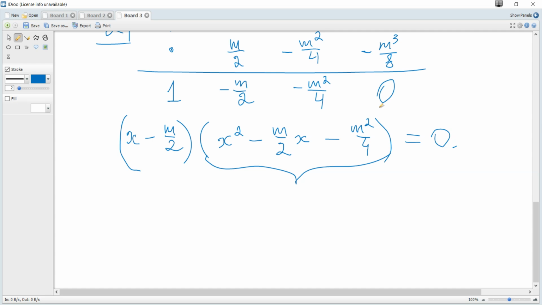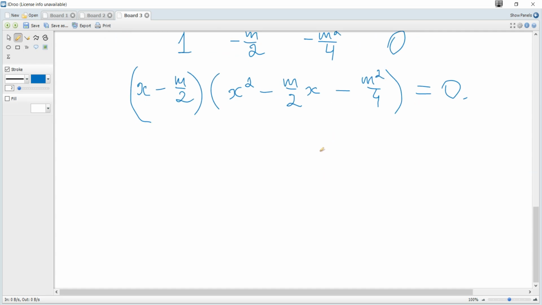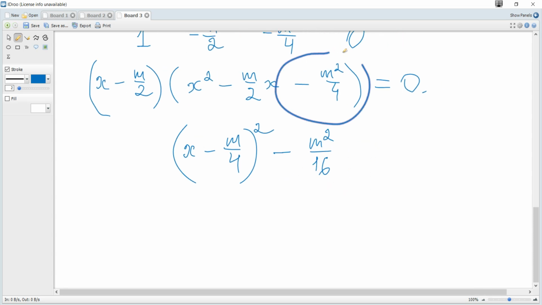You may use the discriminant, but I want to complete the square. How to complete the square? Since a is 1, we just divide this coefficient by 2 to get x minus m over 4 squared, and minus, always minus, this value squared, so minus m squared over 16, and continue minus m squared over 4 is equal to 0.